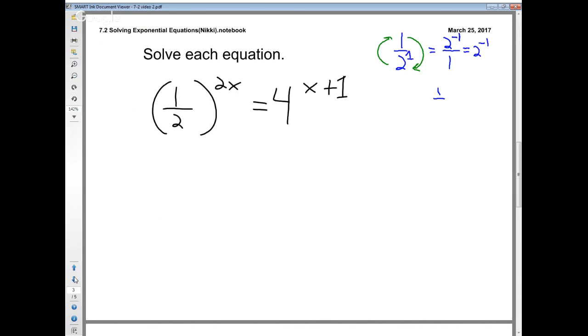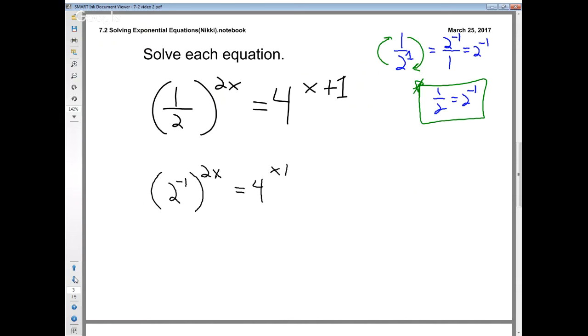So then let's use this fact in our exponential equation. Using that fact, let's rewrite our expression. So instead of 1/2 on the inside, we'll have 2 to the negative 1 on the inside, but still have that 2x on the outside. And this is going to be set equal to 4 to the x plus 1.